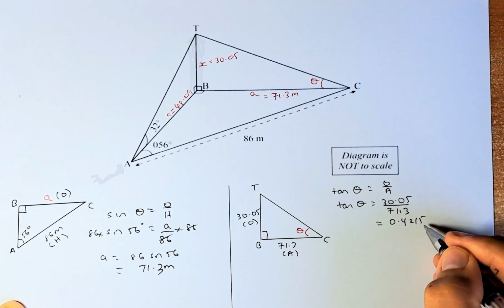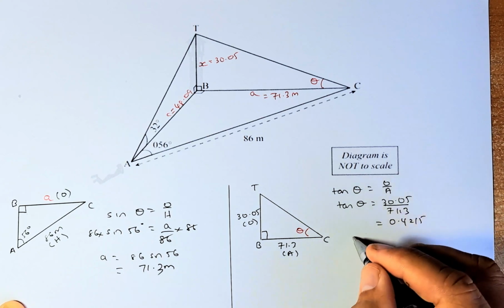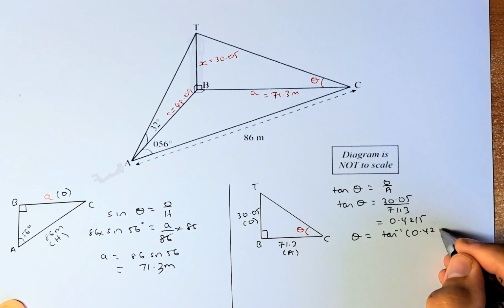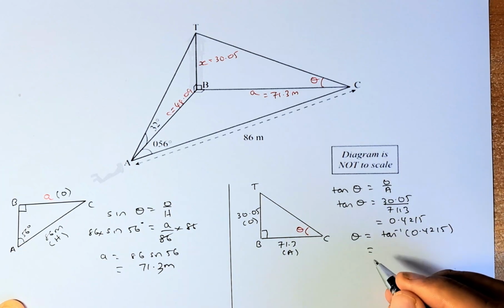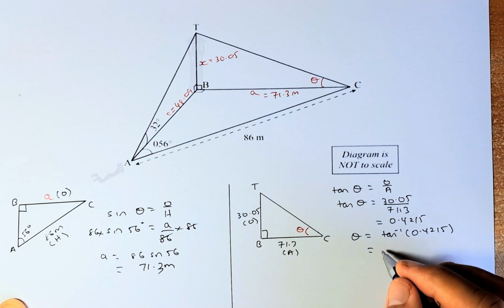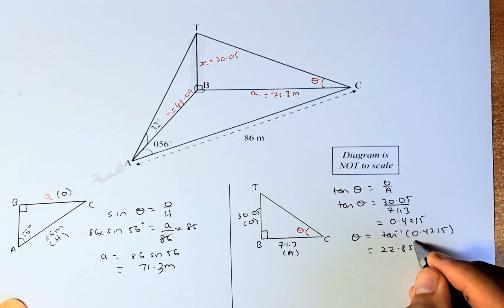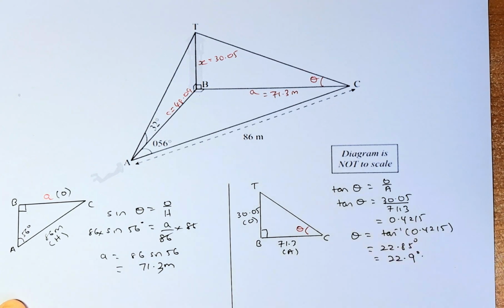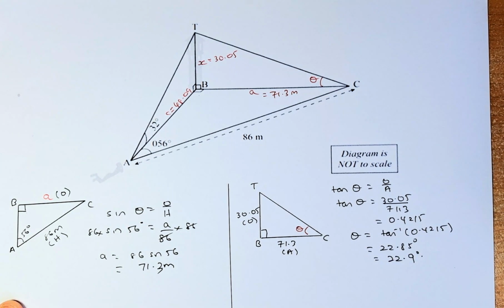Make sure there are at least 4 decimal places. To get your theta, you just need to take the inverse tangent of 0.4215. Put it in your calculator and the answer is 22.85 degrees, or you simplify to 22.9 degrees. So that is how you calculate the angle.